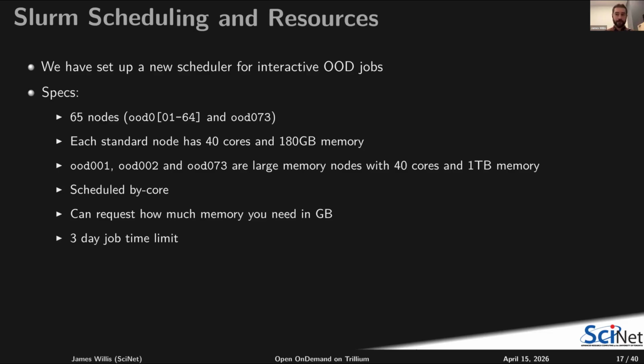Again, this is different from Trillium, which has a 24-hour time limit because that's better for scheduling on Trillium, but for OOD, we have a 3-day time limit. Yes, it's 20 cores max per job, and the default queue allows up to 85 gigabytes of memory per job.